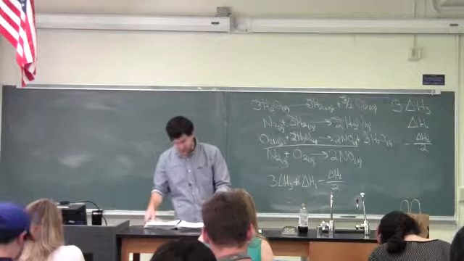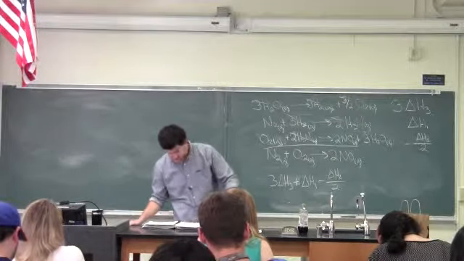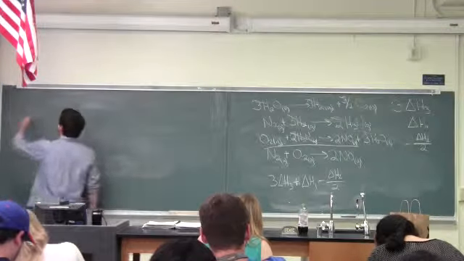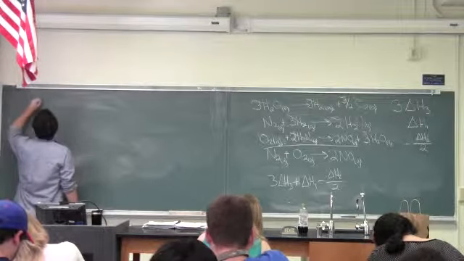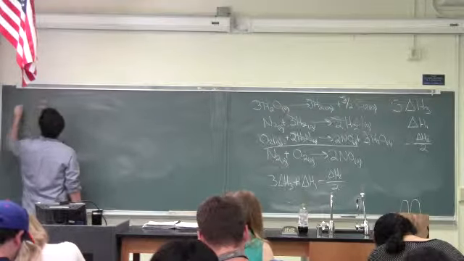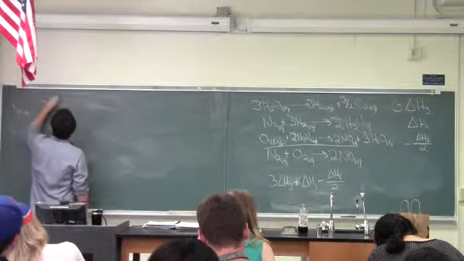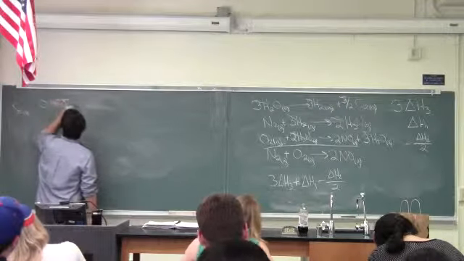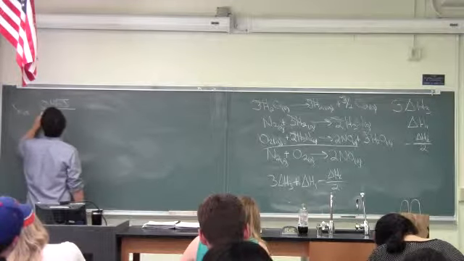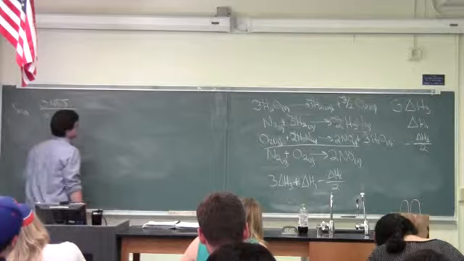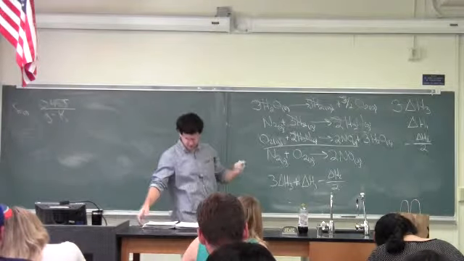So, for starters, I'll take the two numbers that I know. The heat capacity for solid iron is 0.45 joules per gram per degree Kelvin change.